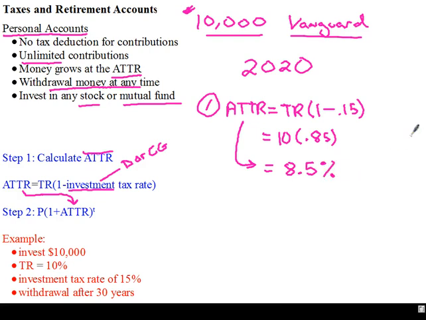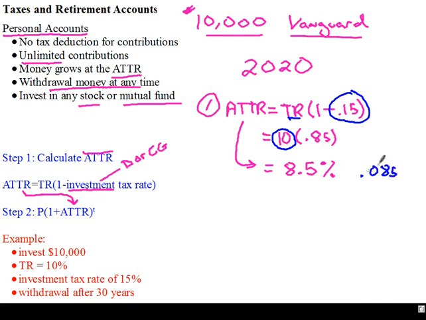The after-tax total return is going to be equal to 8.5%. Just to be really clear, I took the investment tax rate and wrote that as a decimal. And my total return, which is 10%, I did not bother writing as a decimal. No big deal. If you did that, you would have gotten an answer down here of 0.085.